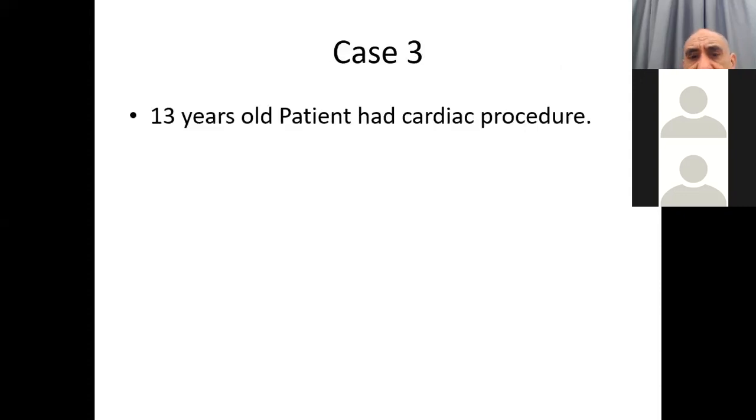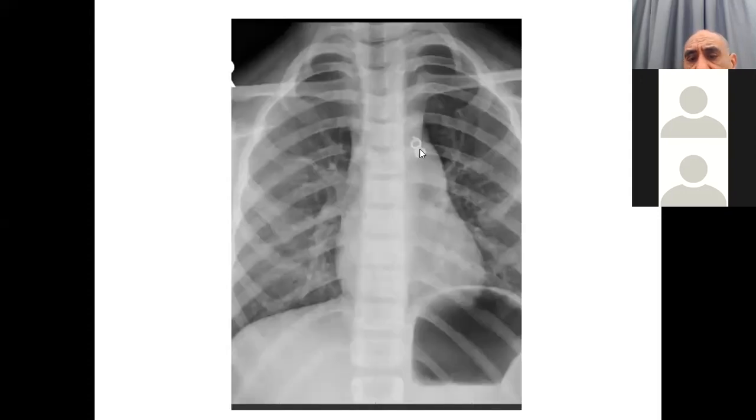Let us take another example of a 13-year-old patient who had a cardiac procedure in our center. We see a coil in the region of the aorta and pulmonary artery, and near the tracheal bifurcation.